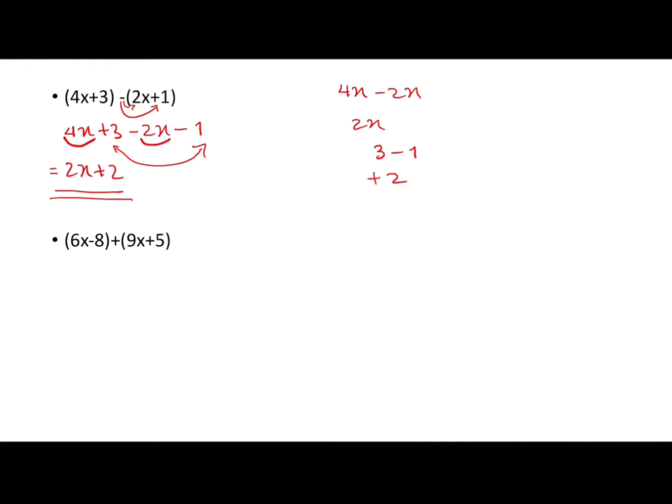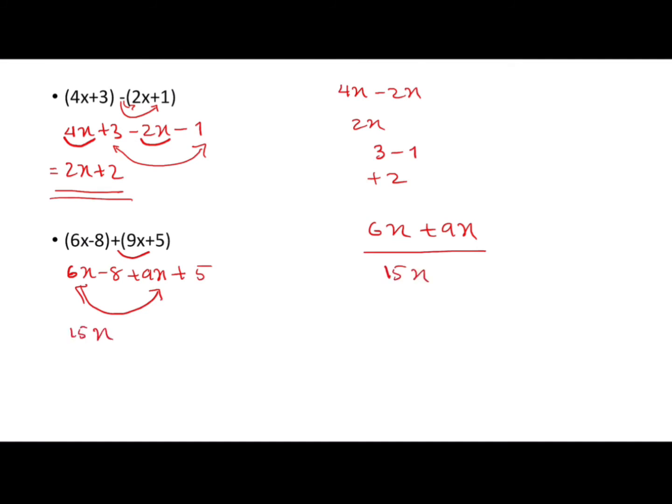Now for the second one, we have 6x minus 8, positive 9x, and the positive is positive 5. Like terms we will solve first. We have 6x plus 9x, so we just add these two, we get 15x.